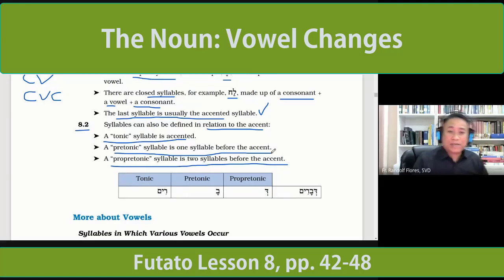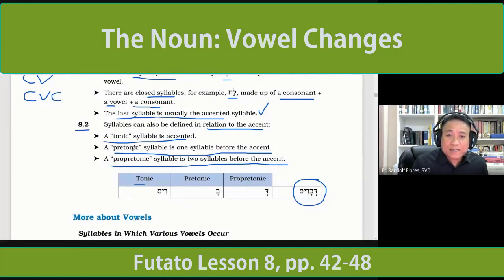Now, let me explain. This is the noun, devarim. Okay. Devarim. This is the plural of davar. Now, the accent is in the rim, devarim. Okay, so that's the tonic syllable, accented.